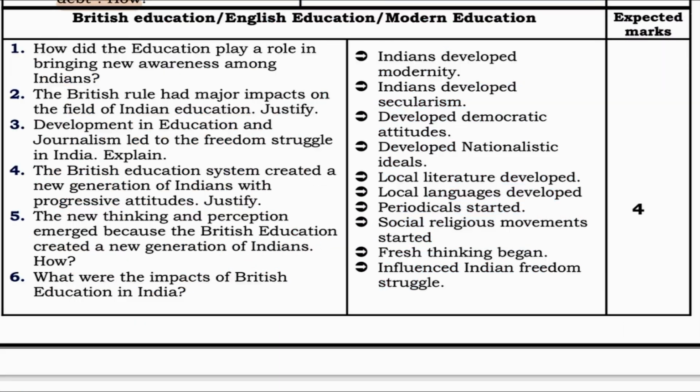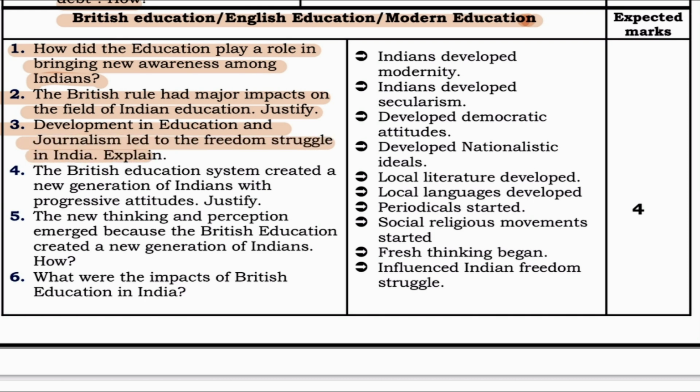For 3 marks. British education or English education or modern education. First question, how did education play a role in bringing new awareness among Indians? Second question, the British rule had major impacts on the field of Indian education. Justify. Third question, development of education and nationalism led to the freedom struggle in India.